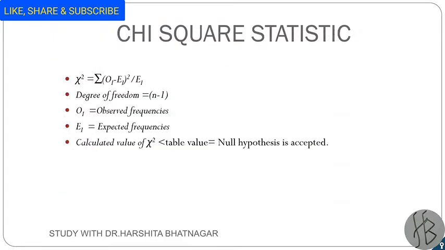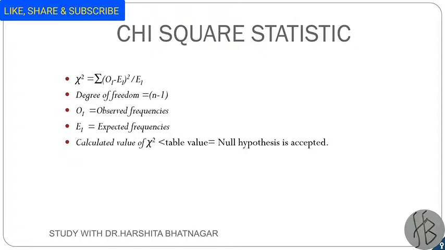Next, this is the formula for the chi-square test when it is applied as a goodness of fit. Chi-square is equal to the summation of the differences of observed and expected frequencies, then we square them and divide the value by the expected frequencies.